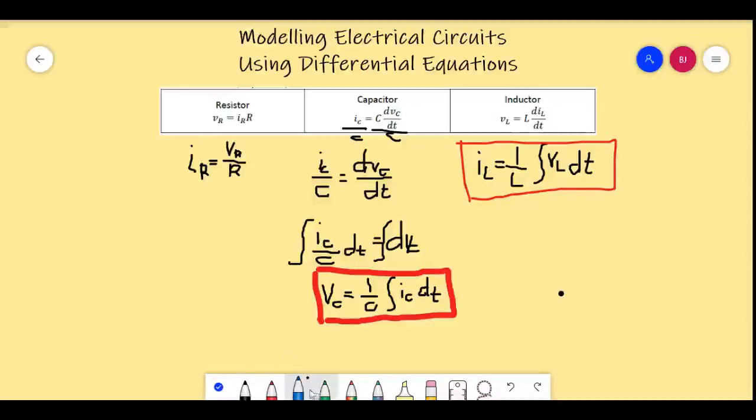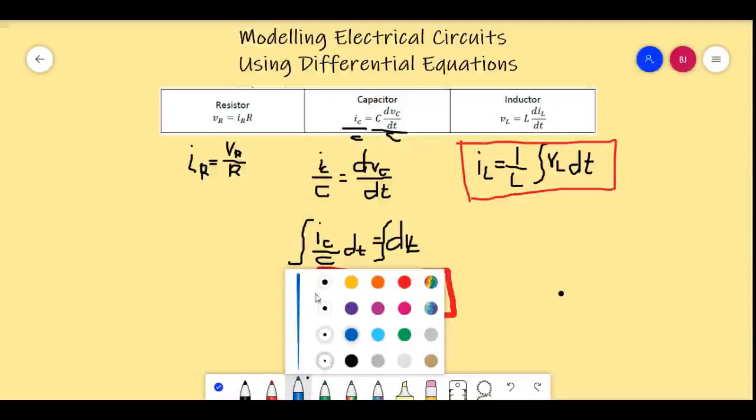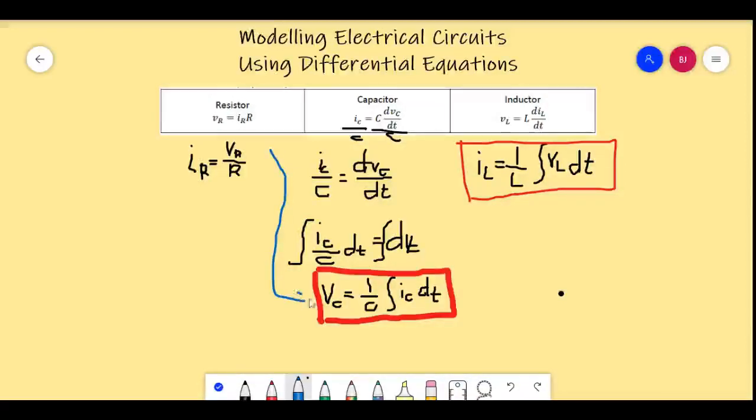Most of the time, we will be needing this first. So this is voltage. If we need to transform the component in terms of their voltage, we need this, this, and this. Please take note of this too, as this is not found on your handouts.